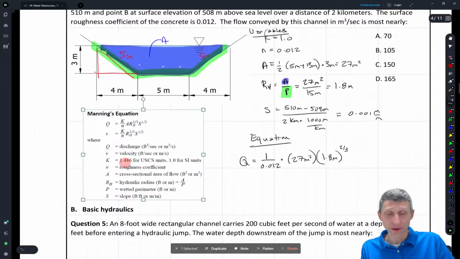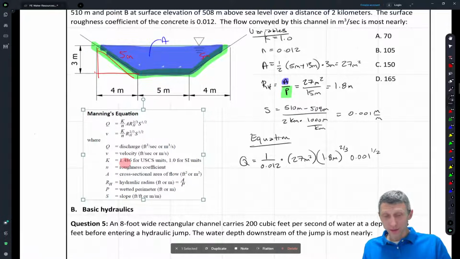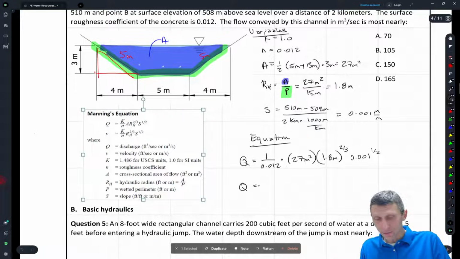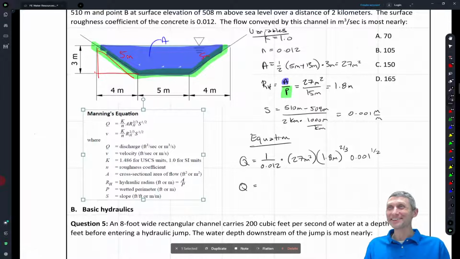It's not just a square button. You have to put the 2/3 in there. Make sure you get it in parentheses unless your calculator is in the mode that doesn't need parentheses. The good thing here is all the units work. We have meters squared, meters, and the slope in meters per meter. So all our units are consistent, and when we solve this, hopefully we get the right answer. That's always good when you get the right answer.